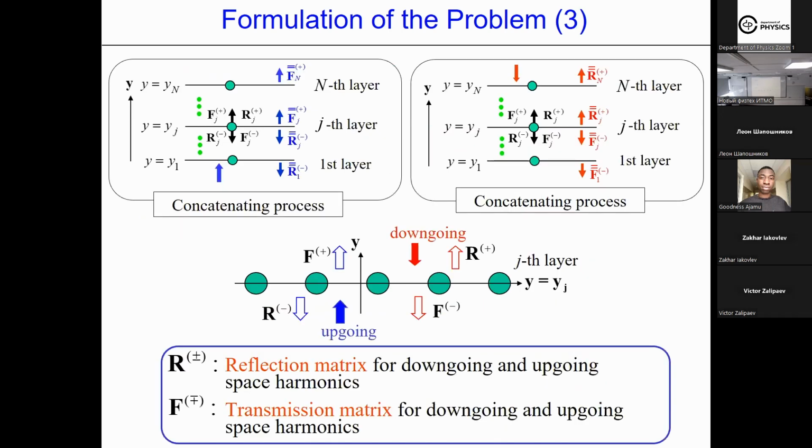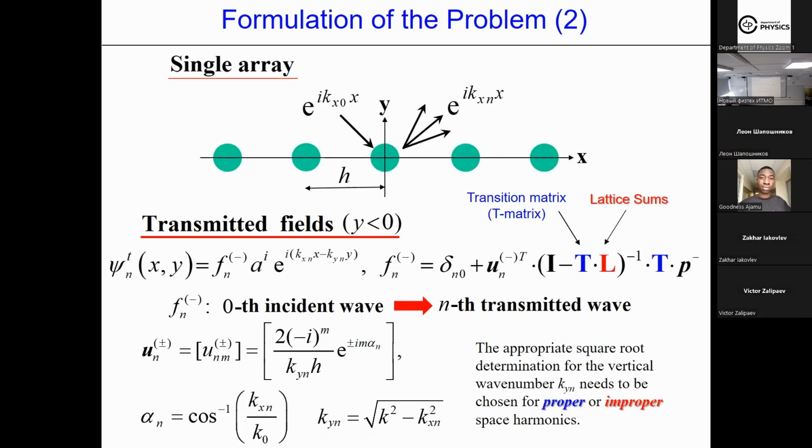I'm sorry, but this branch of the square root, isn't it usually taken in the upper half space? Yes, as a rule of thumb. For example, you can calculate it in the complex plane, this KY. I mean, is there no ambiguity in which branch should be taken? It depends.